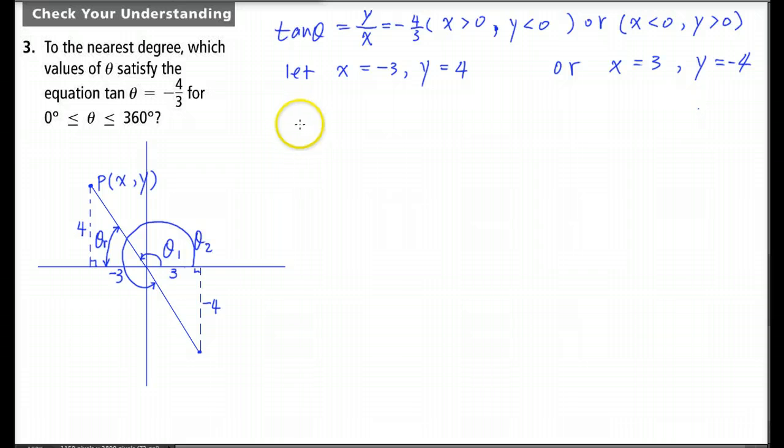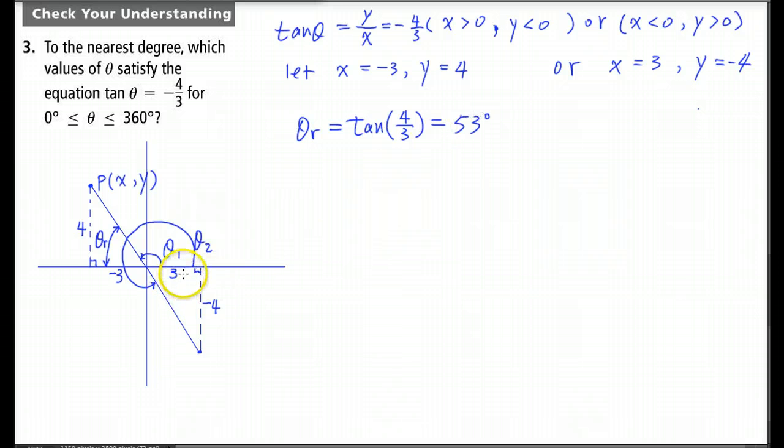Theta r should equal tangent inverse of 4/3. Because any reference angle is an acute angle, smaller than 90 degrees, you don't need to include the negative sign for this ratio. Let's check the calculator. I got 53 degrees for this reference angle.